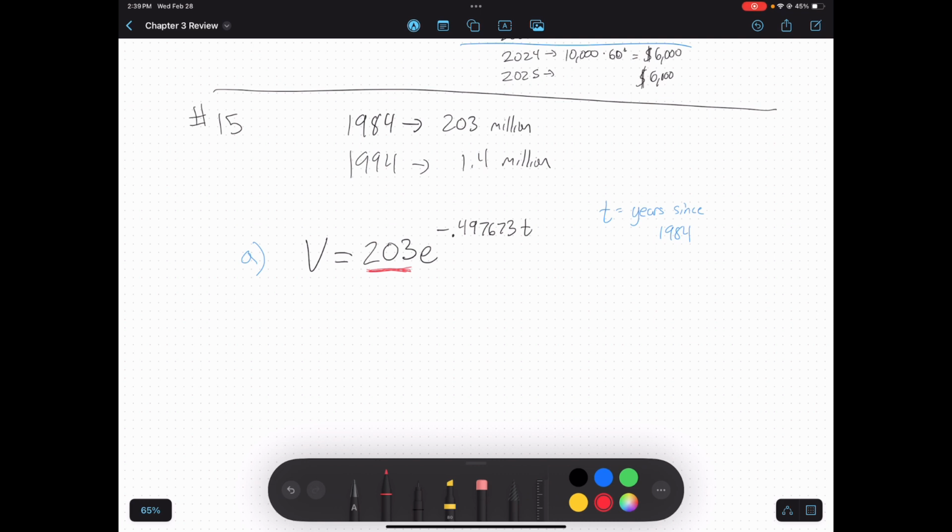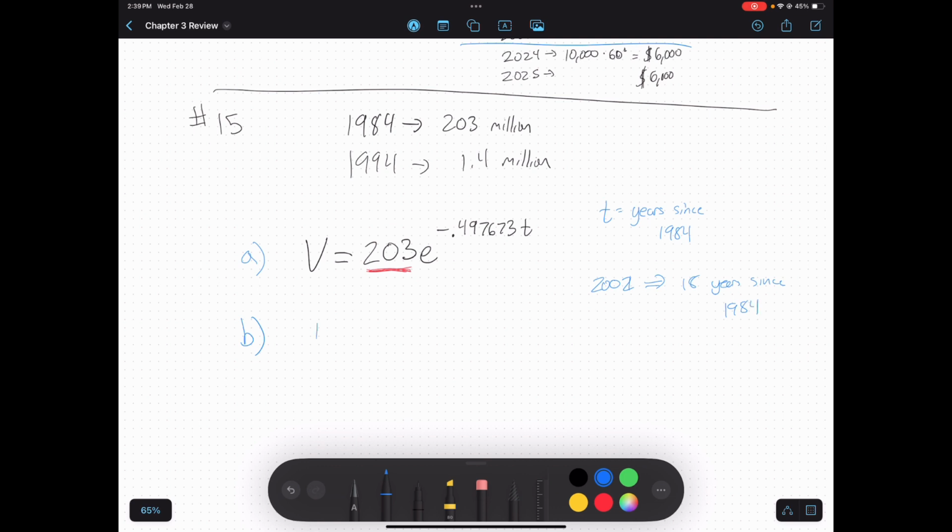Okay. So, part B is just asking how many products are being sold in 2002. Well, 2002 is 18 years since 1984.